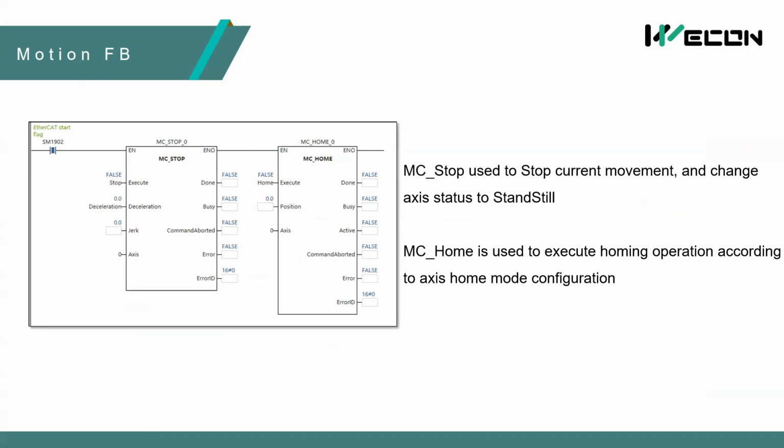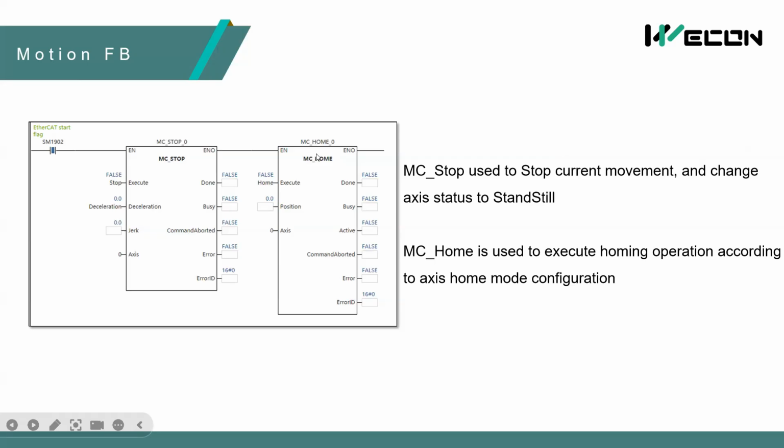For example, if you trigger some e-stop button, then you can use this function block to stop your axis with a big deceleration. After this function block finishes, the status of the axis will change to standstill status. This is one status of our driver, and our axis will have many statuses. I will show it later.